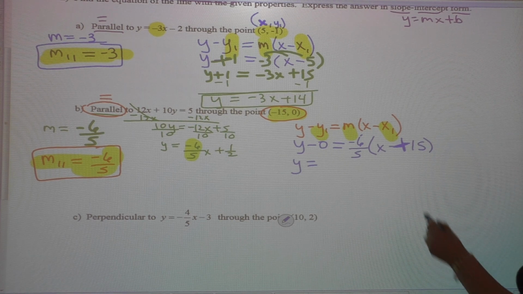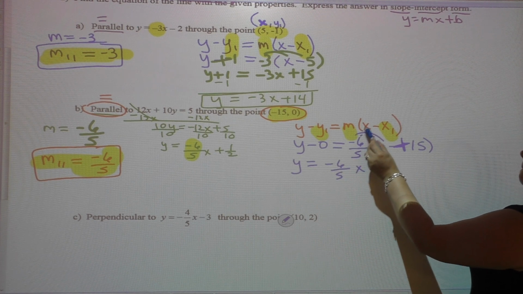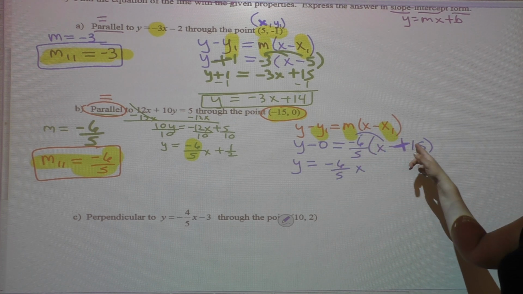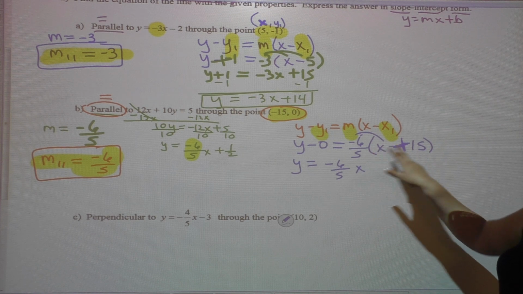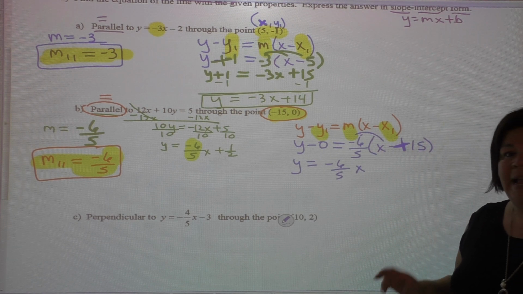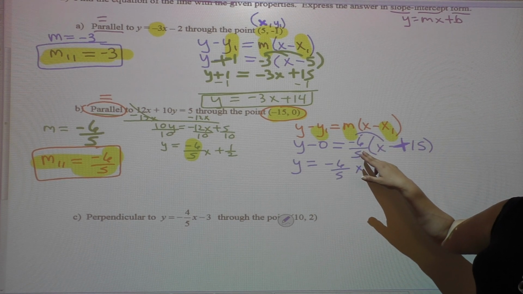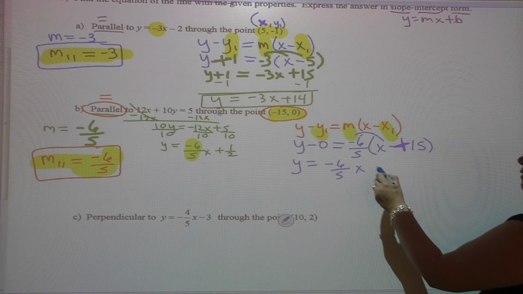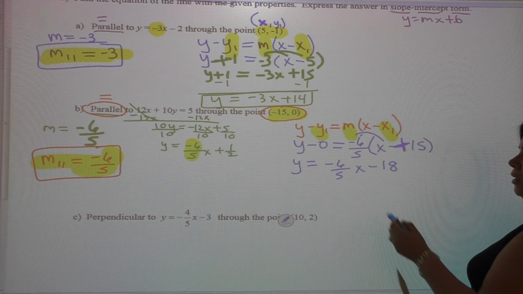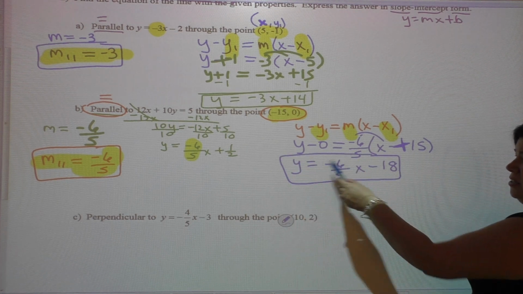So now when we distribute this, we're going to get -6/5 x minus, now if you could cross reduce here, 15 and 5 cross reduce to, I don't want to say cancel completely, but we are left with a 3 in the numerator and a 1 in the denominator. So this becomes -18. So we're done because this is my new equation.